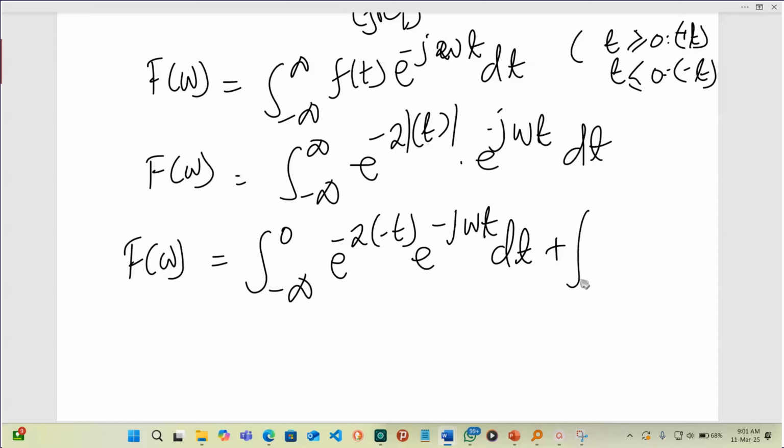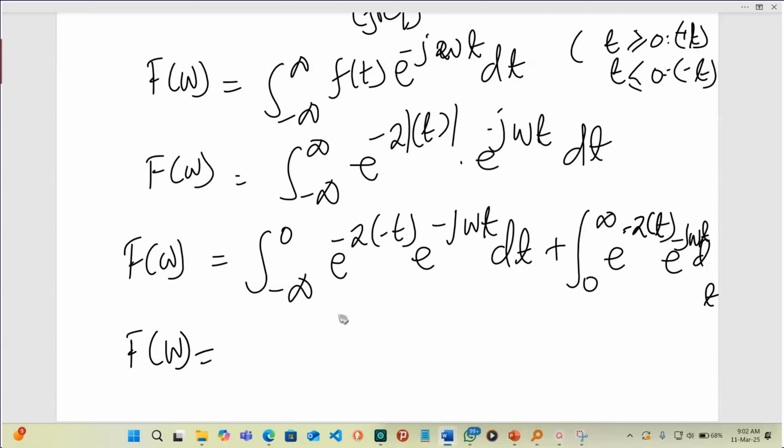Then we are adding, integrating from 0 to infinity of exponential of what? This is going to be negative 2, but now times t, because between 0 and positive infinity we have a positive t. Then exponential negative j omega t with respect to t. So this is going to be the Fourier transform.